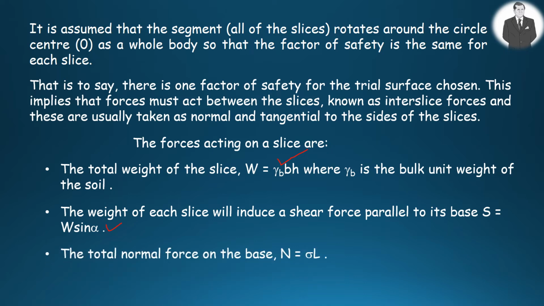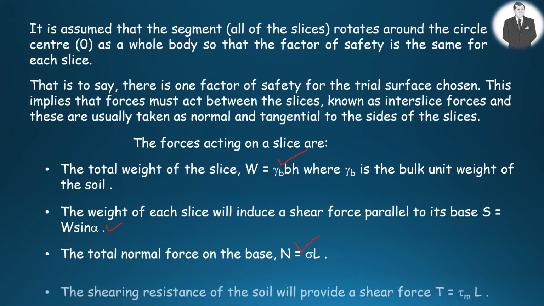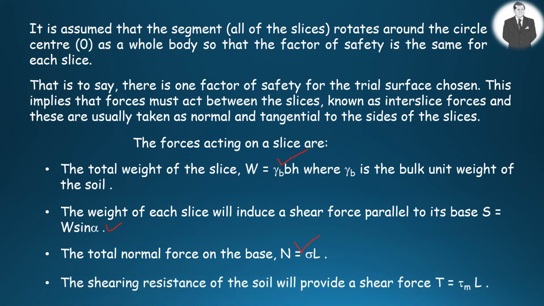The total normal force on the base of a slice is equal to sigma times L. And finally, the shearing resistance of soil will result in a shear force which is equal to the shear stress mobilized along the slip surface times L.